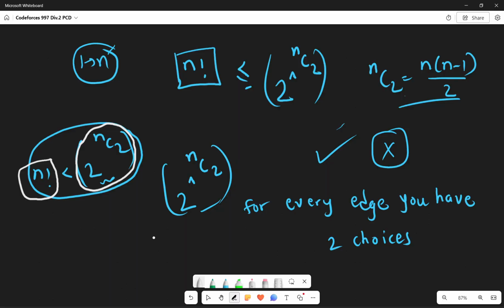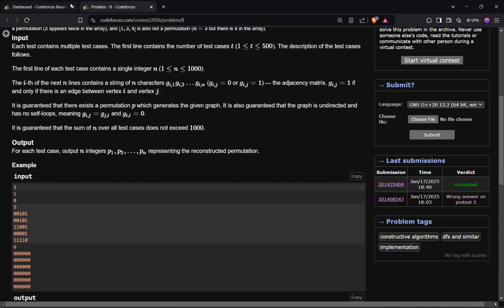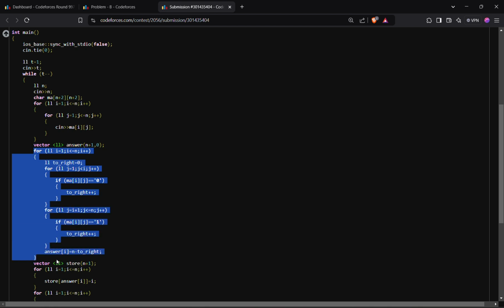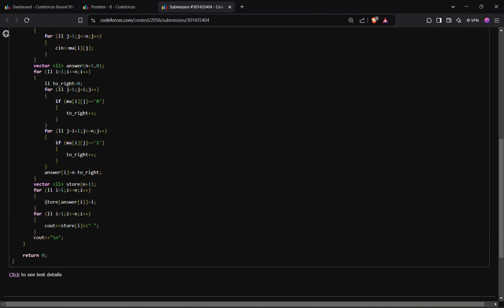So we don't have to care much about this mathematical fact. We can just proceed to write the solution. Okay, so yes, just taking the input and basically doing the same thing that I have explained in the solution. And yes, here is one important manipulation.